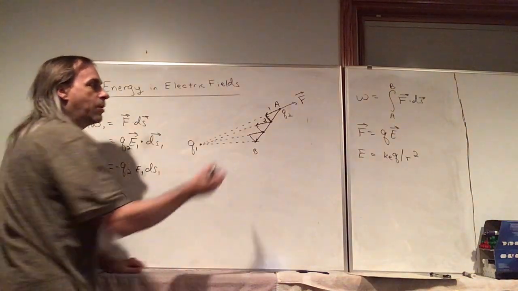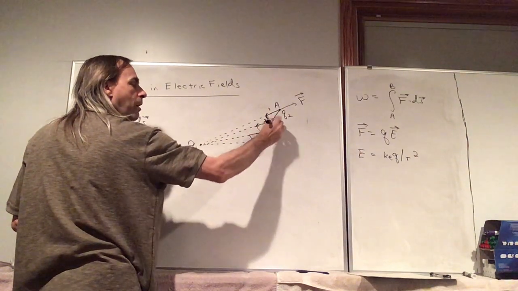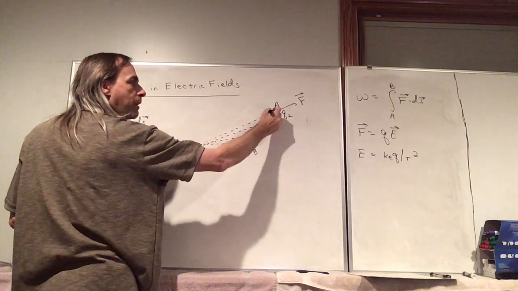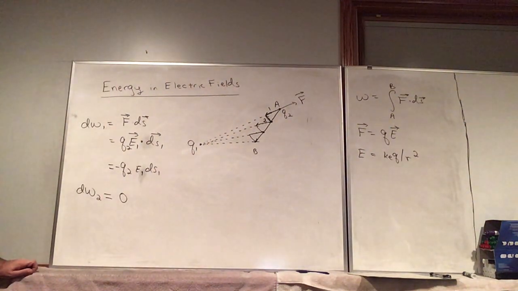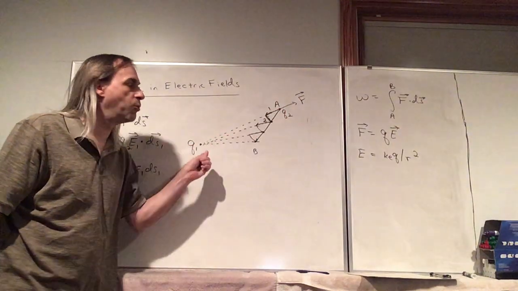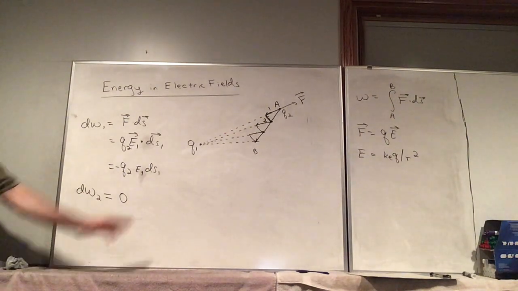So again, going from this point here to this point here, the only work that was done was the work along this radial direction. This motion perpendicular to that is irrelevant. And so we can say in general that the work only depends on how much closer or farther away you're getting from this charge.